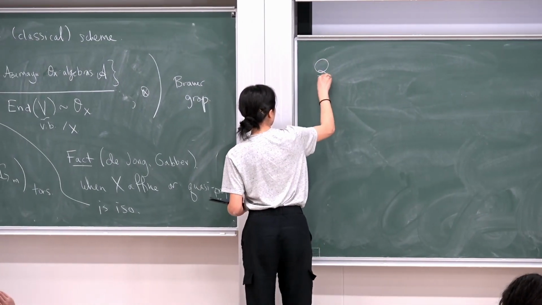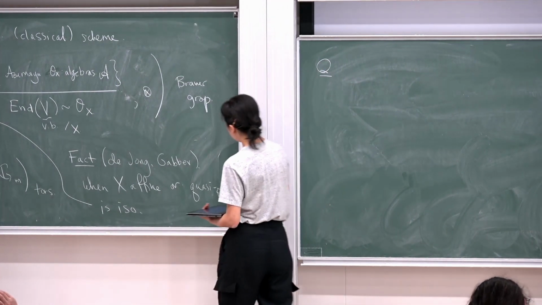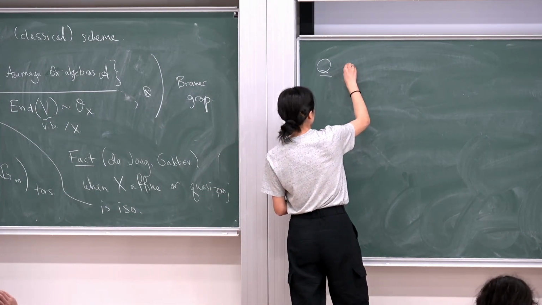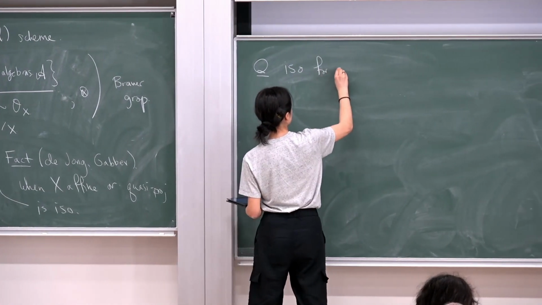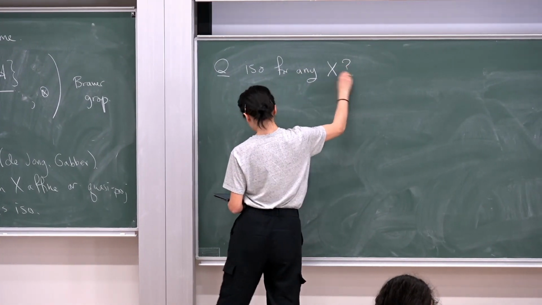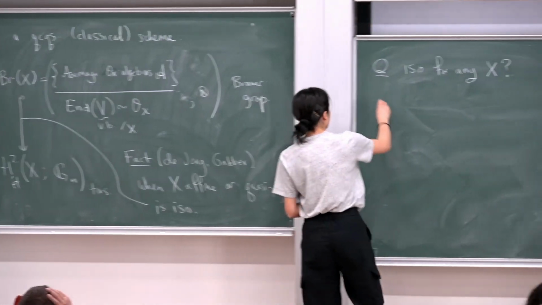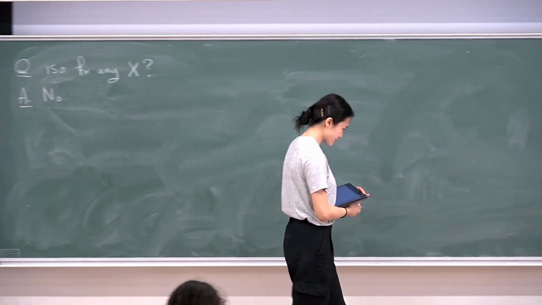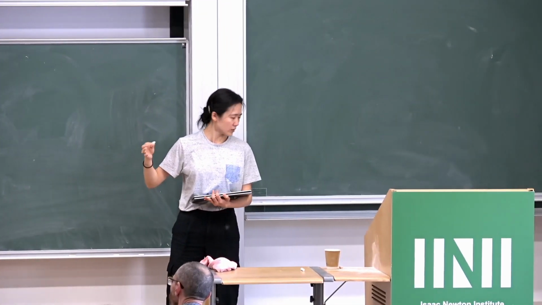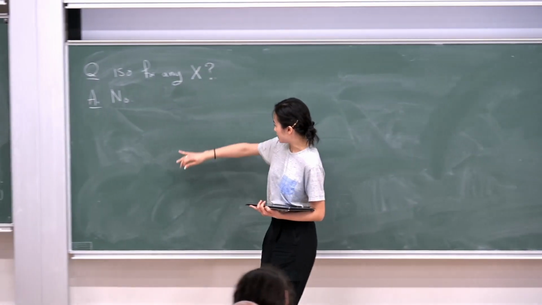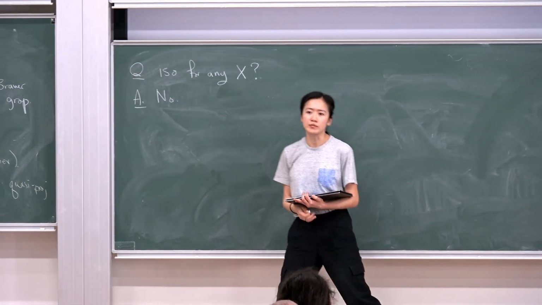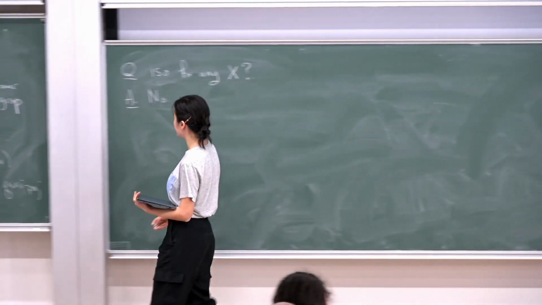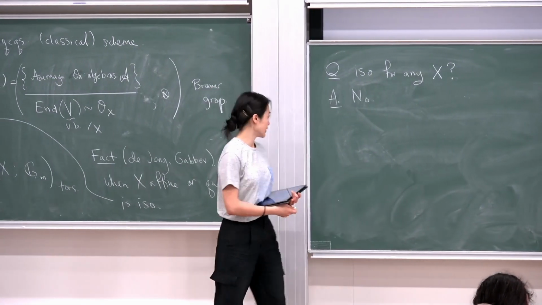So we might ask, how far does this generalize? Is this an isomorphism for any X? The answer is no, not in general. I won't get into what these examples are, but if you ask me later, I'll refer you to some. On the other hand, I want to note the following observation.